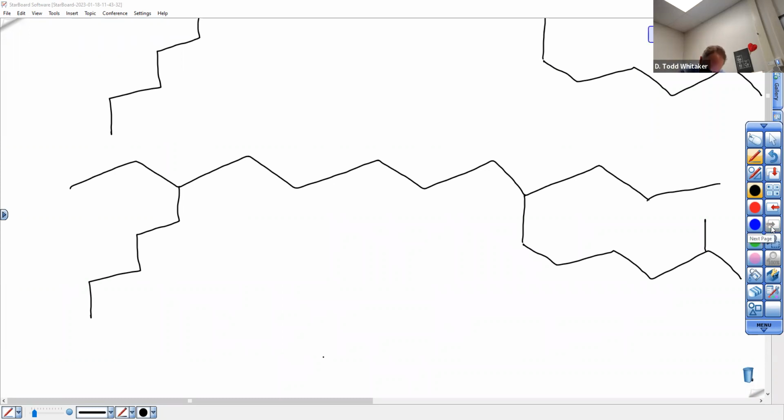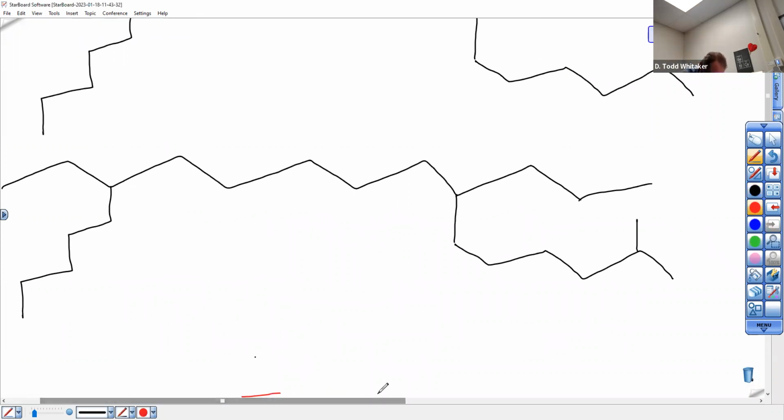It's this chain here. It starts here. It doesn't get to 15 either. 18. That's the longest chain, whether you number it that way or the opposite direction. There are no longer chains. There's many shorter chains.